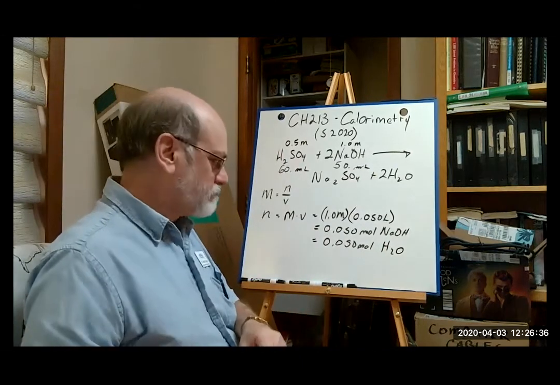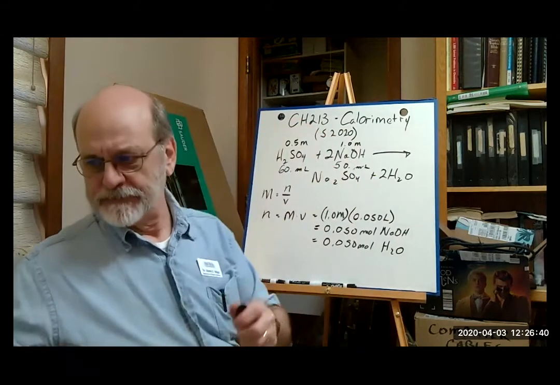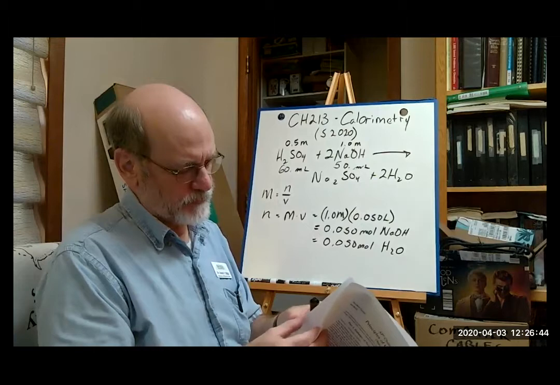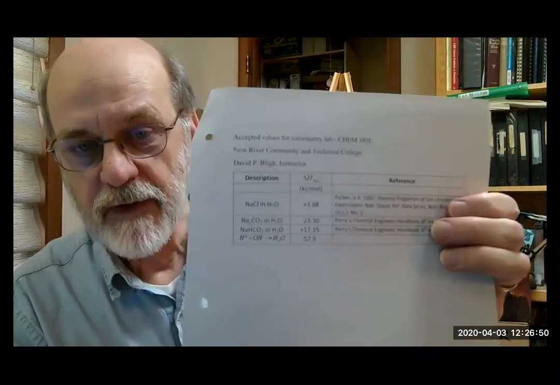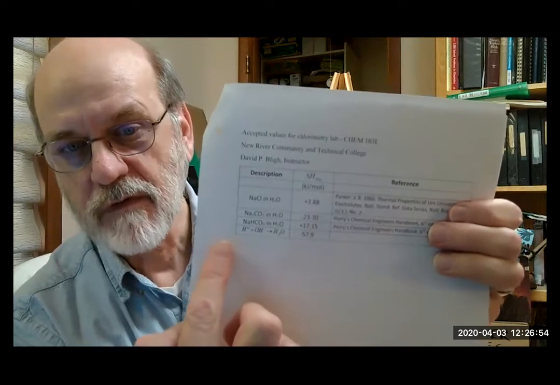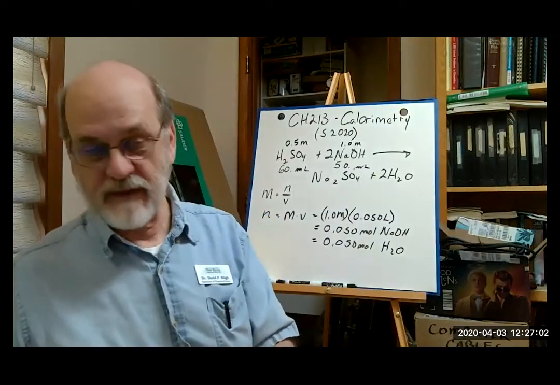Okay. So remember, I'll show you the last page again. On the last page, the accepted value of the acid-base reaction is 57.9 kilojoules per mole of water, minus 57.9.